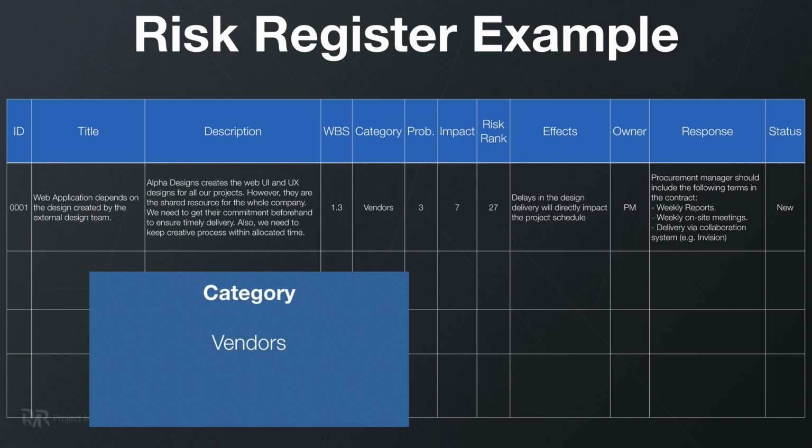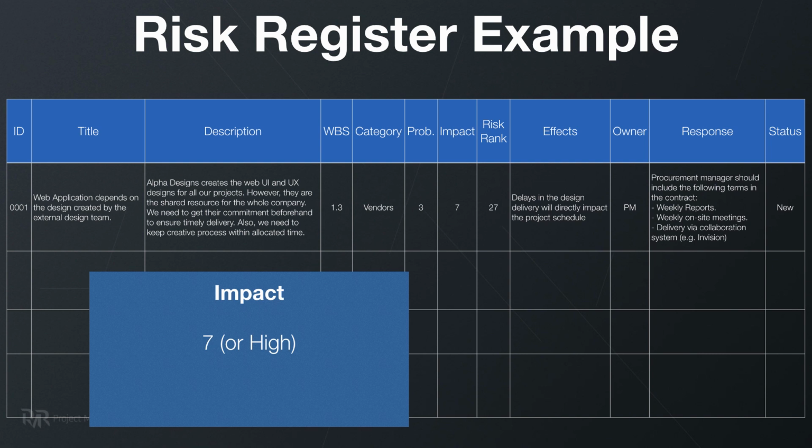Category, if you use them, I put here vendors. Probability. Probability is low because we know about this problem and we encountered it before, so we can set either low or 3 if you use a range from 1 to 10. Impact is high, and that's because it directly impacts the schedule of the projects.